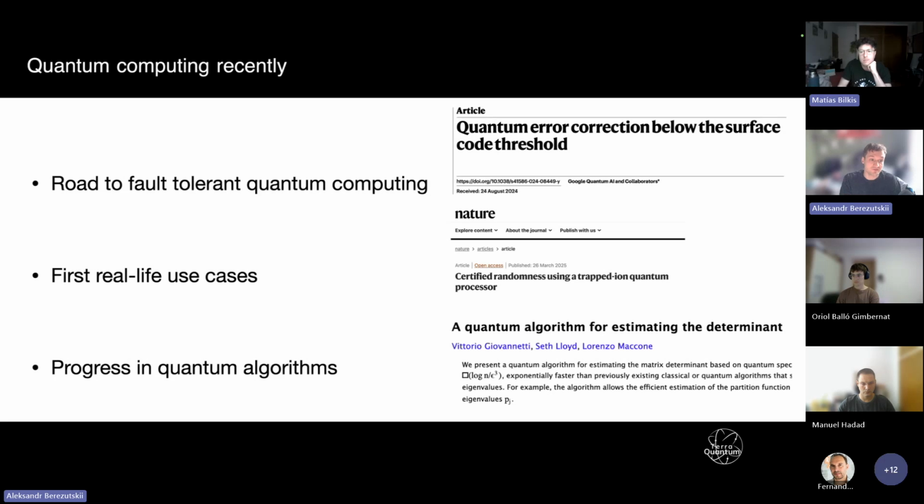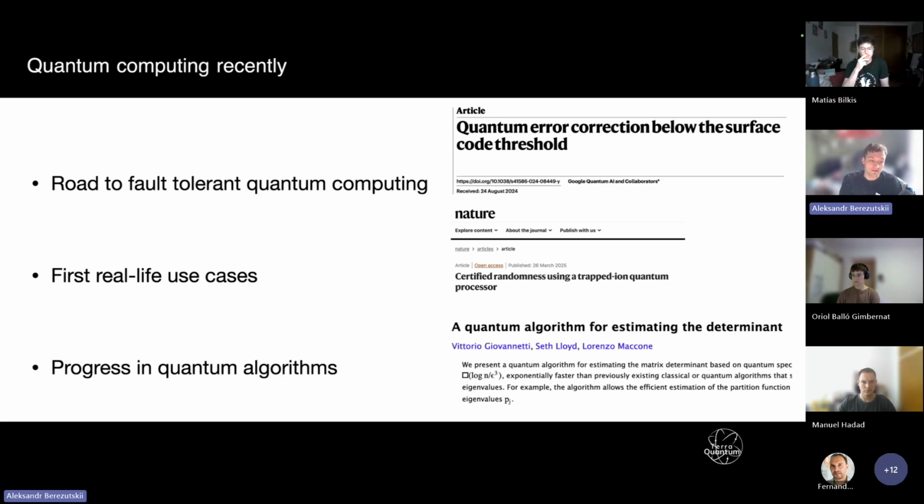Anyway, so first of all, like you probably all saw, we've been seeing a lot of interesting things happening in quantum computing recently, including the road to fault tolerance from Google and Quantinuum.